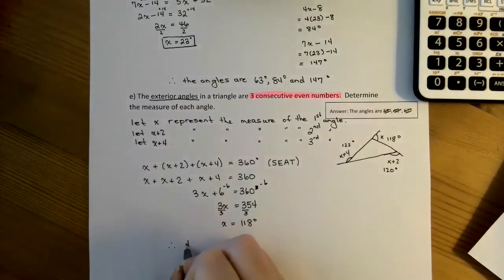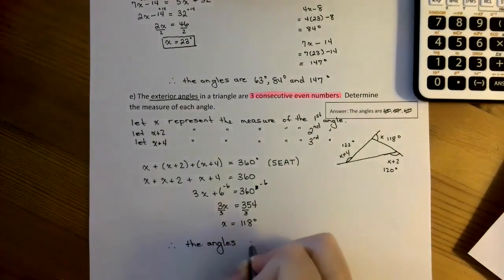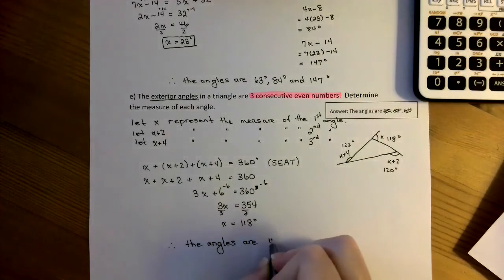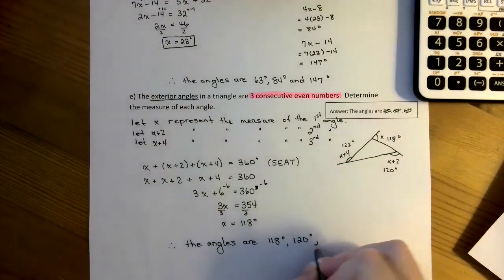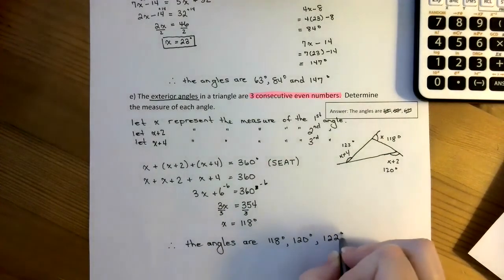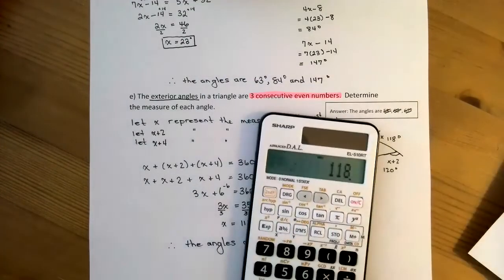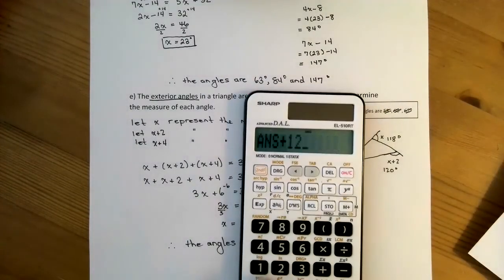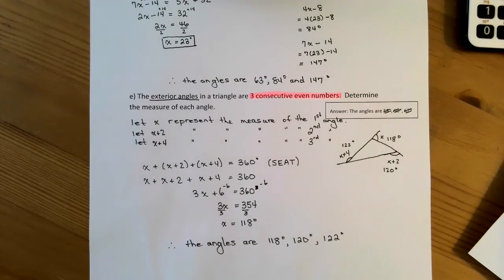So therefore, the angles are 118 degrees, 120 degrees, and 122 degrees. We can just quickly check it. 118 plus 120 plus 122 gives us 360 degrees. So we are done.